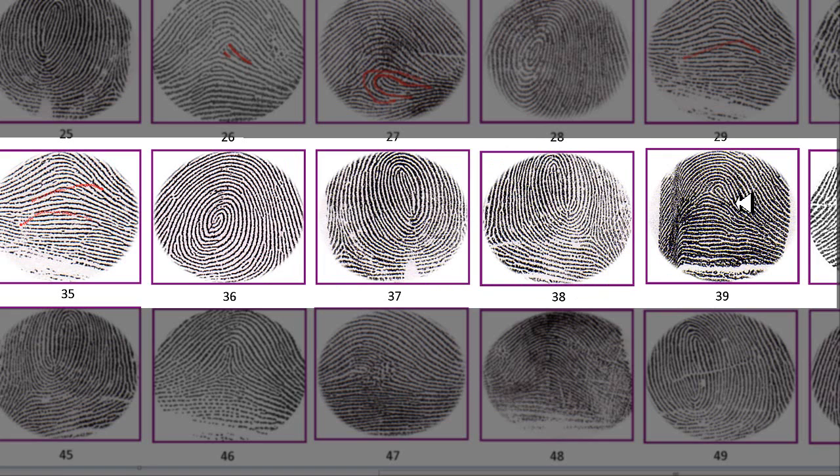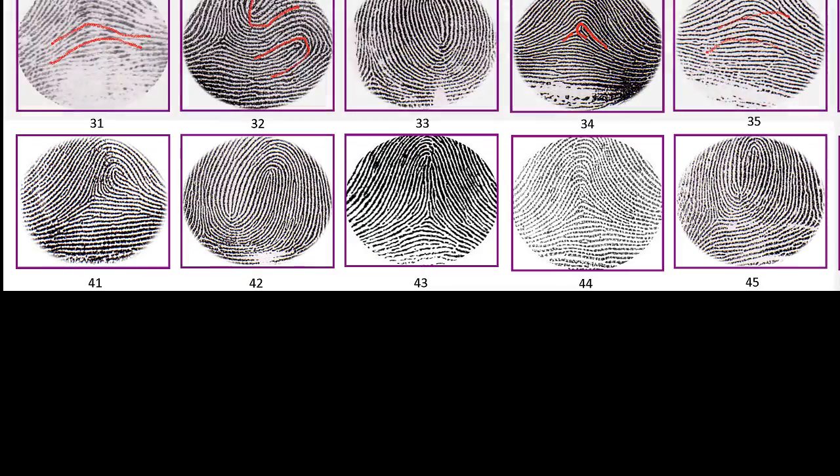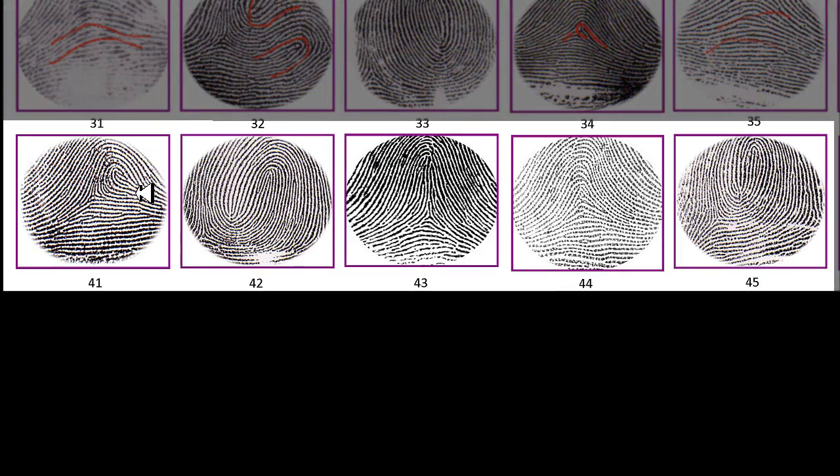Number 39. Now this, if you look very carefully, has one small looping ridge, and that would qualify this for being a loop. Number 40 is our tented arch. 41 is a loop.